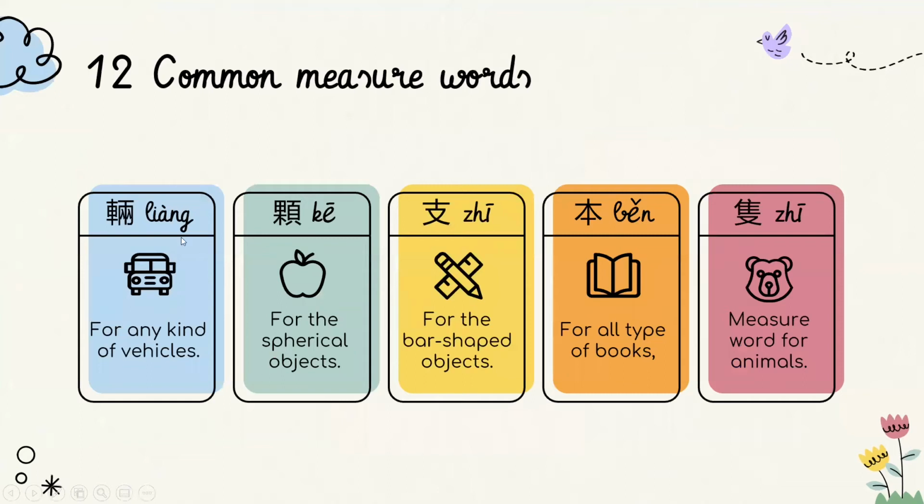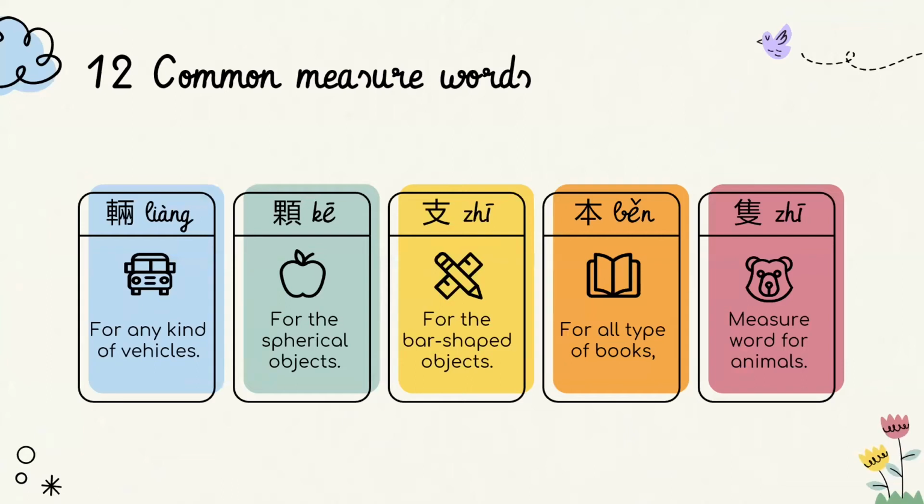Then the next one, 辆. Here you can see that the radical of this character is the car, so it is the measure for any kind of vehicle. For example, a scooter, motorbike, train, bus, school bus, car, or any kind of vehicle.